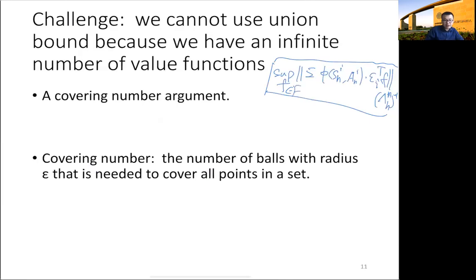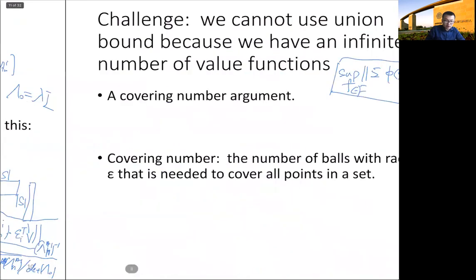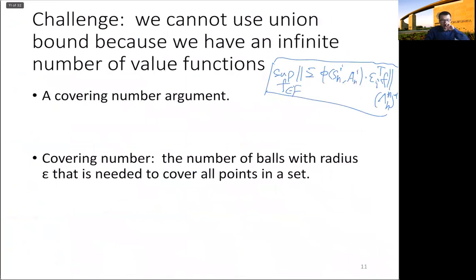Okay, so the idea is how we can apply this result for a fixed V, right? We still want to use the union bound argument to somehow address this. So the idea is to discretize the space, right? Let's say that this is a set of functions f, and the idea is to cover this function class with a bunch of overlapping balls.